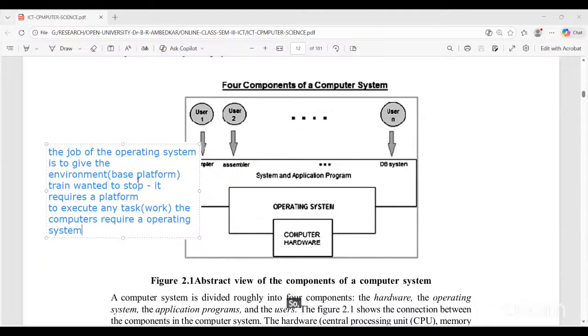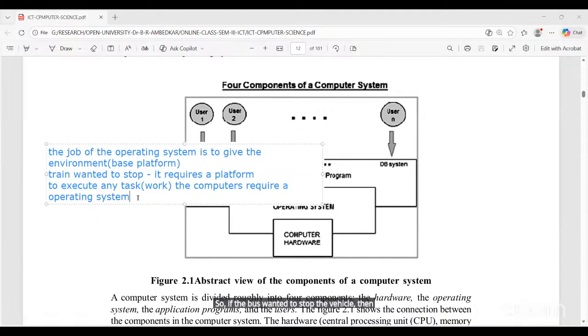If a bus wants to stop, the bus requires a place, a platform. A train requires a platform. A flight requires a platform.